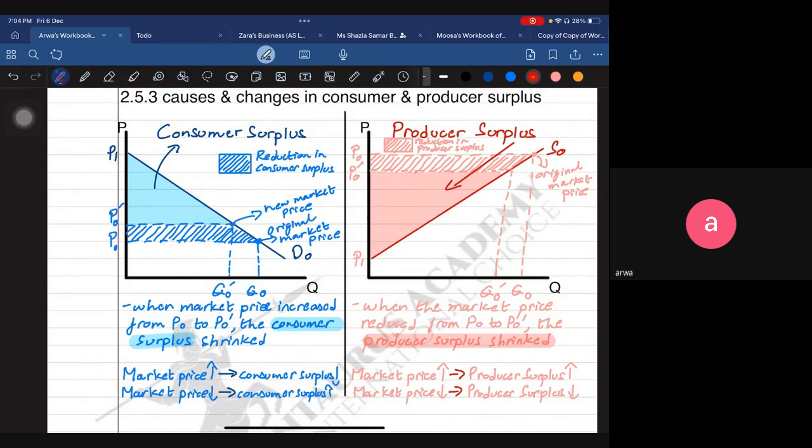We will be discussing in the next class how the price elasticity of demand affects consumer surplus, if the product is elastic or inelastic. And in the same way, how the price elasticity of supply affects the producer surplus, if it is the inelastic supply or the elastic supply, because there is a lot of explanation and detail regarding why it is happening that we have to discuss, because it will take some more time.